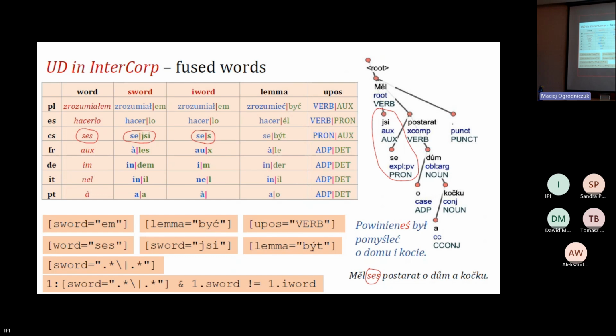For example, if you don't want the Polish type, because there's a negation, it would only give you the Czech, the French, and the other, and not Polish and not Spanish. So these are the words how to search for them.